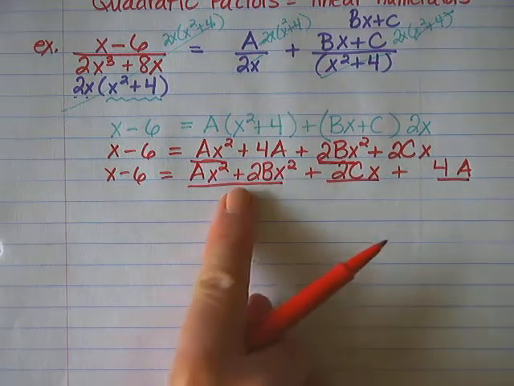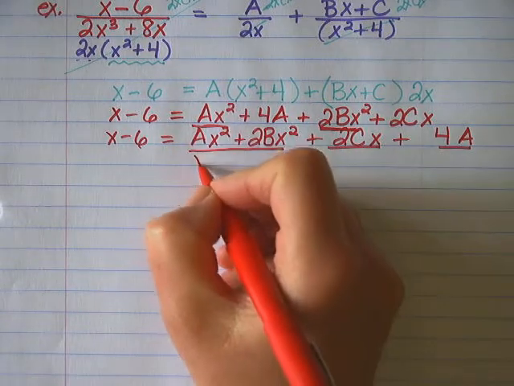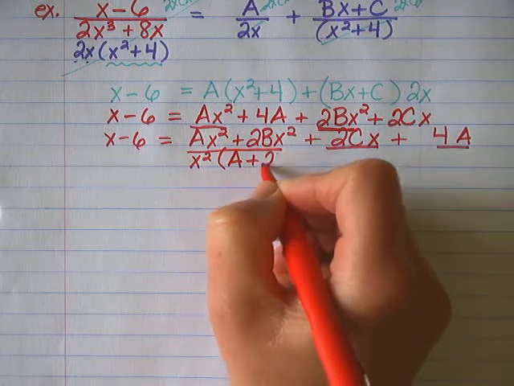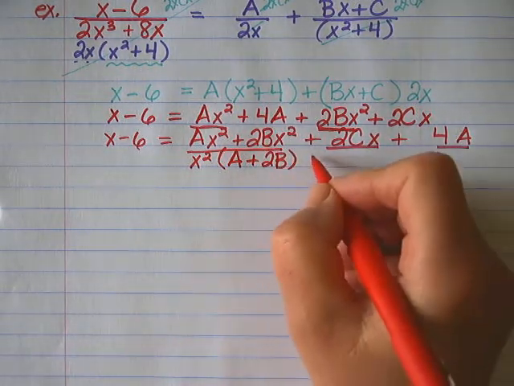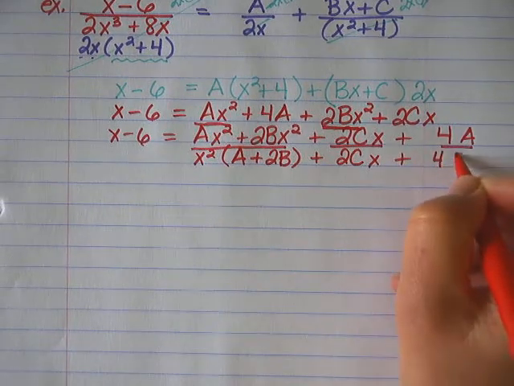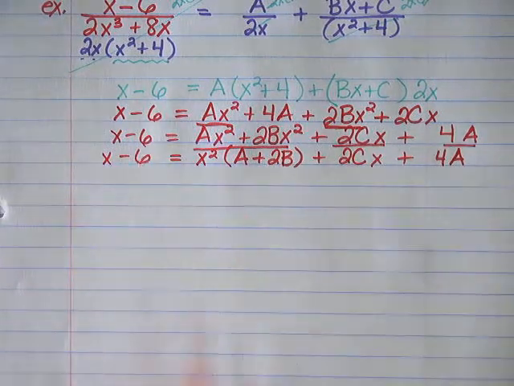And while I'm looking at this quadratic term, I'm going to factor out an x squared just because it's in common: a plus 2 times b, plus 2 times c times x, plus 4 times a. I'm going to set that equal to x minus 6.